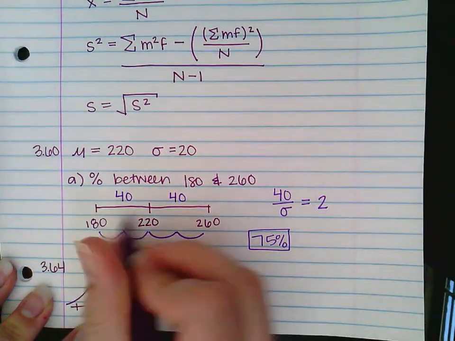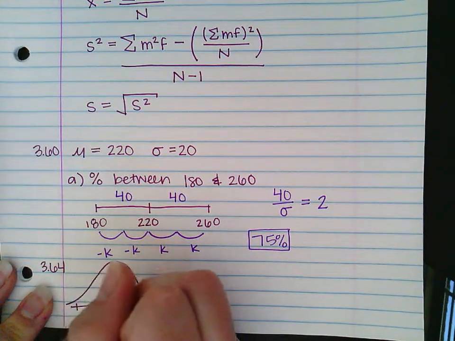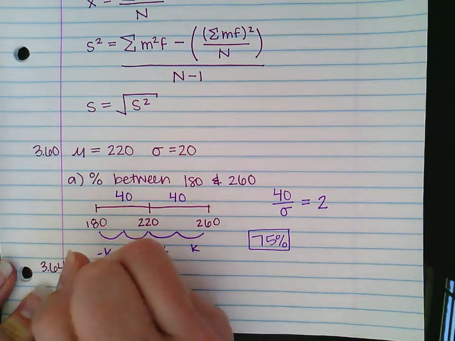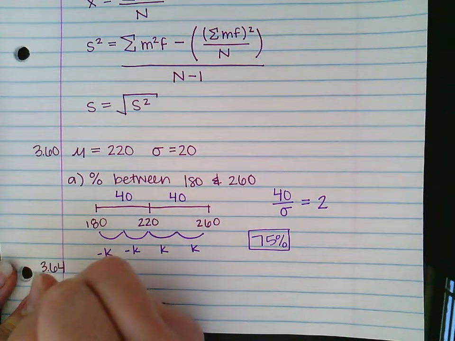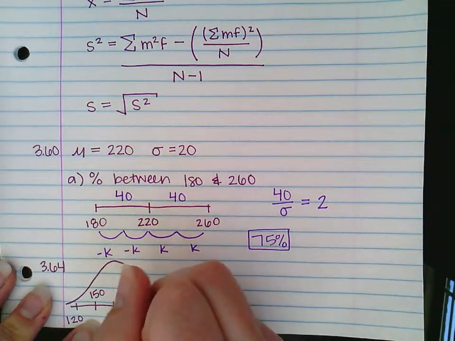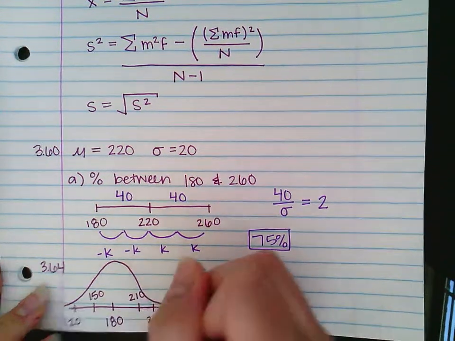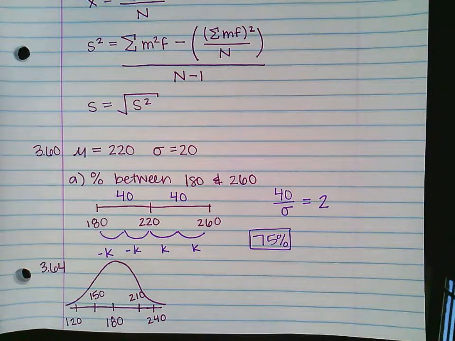So if I think about kind of the same-ish concept, one standard deviation down is 150, 2 down would be 120, up here would be 210, and here would be 240. You can use this to help you find the answers to this question that it has in 364.